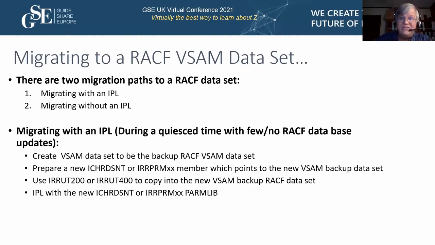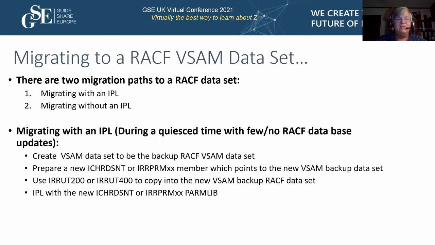But as we move into this environment where the database is shared among systems, or you're in the RACF data sharing mode as an example, I suspect most people will be going down the without an IPL path.